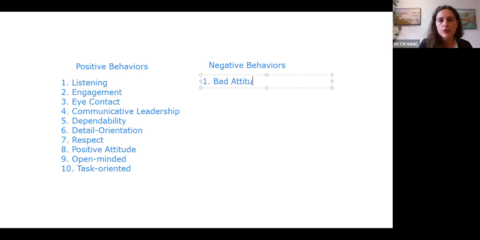Right. So when folks are coming in and just frown or scowl on their face, doesn't necessarily create a very productive or positive environment. Gossip.